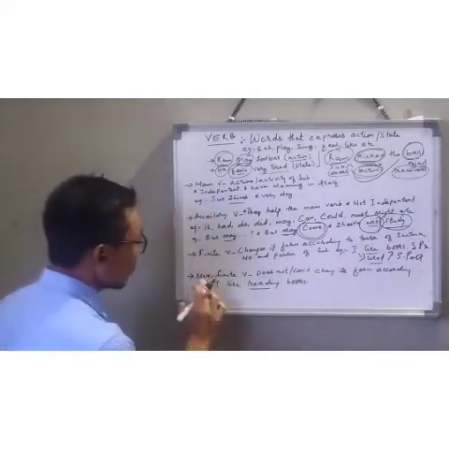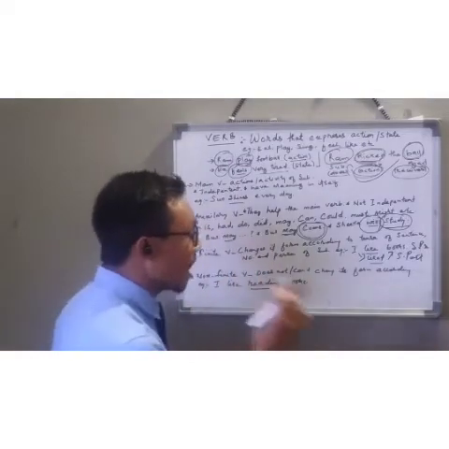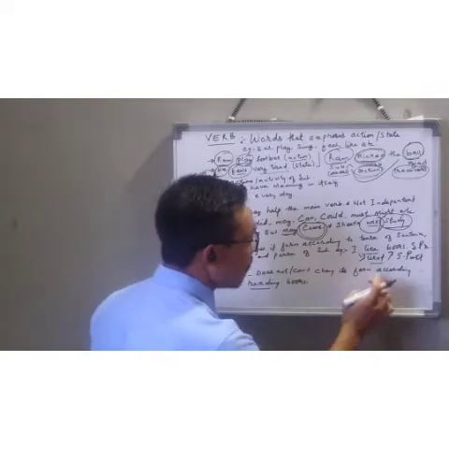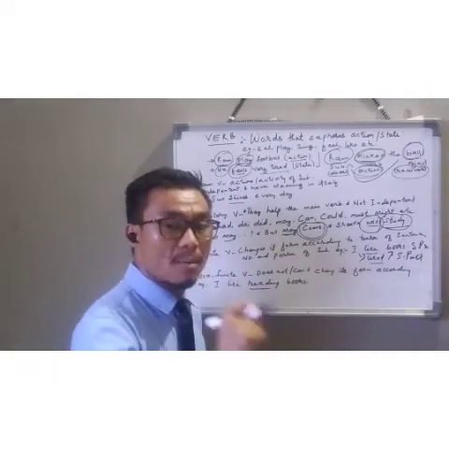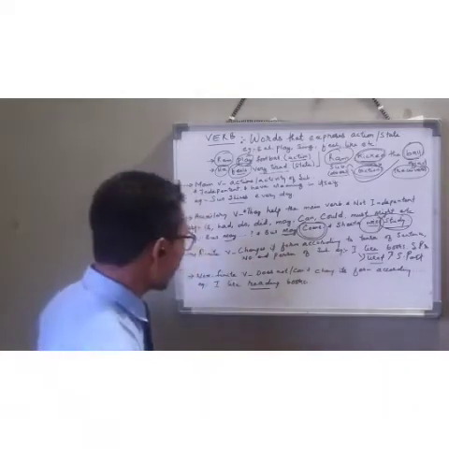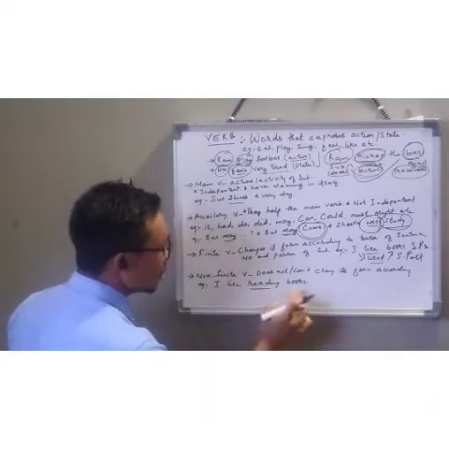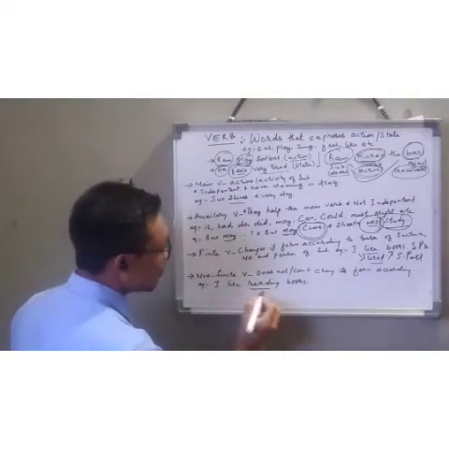Now coming to the non-finite verb. A non-finite verb cannot change its form according to the tense of the sentence, or the number and person of the subject. It is not changeable. Example: I like reading books. Now here, I liked reading books.